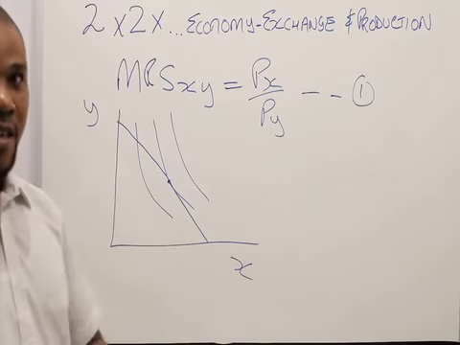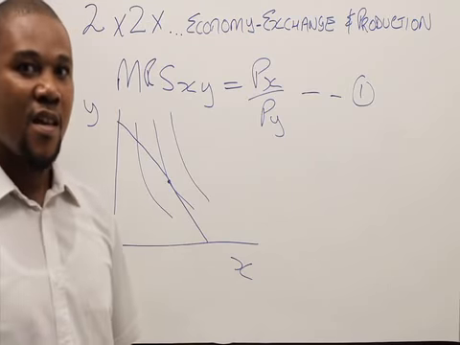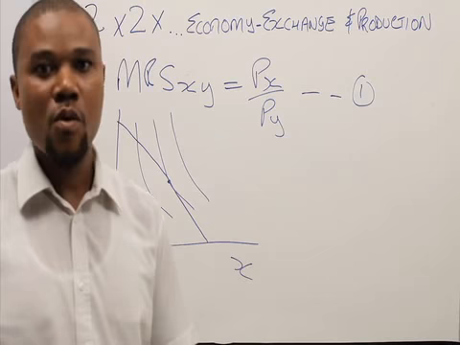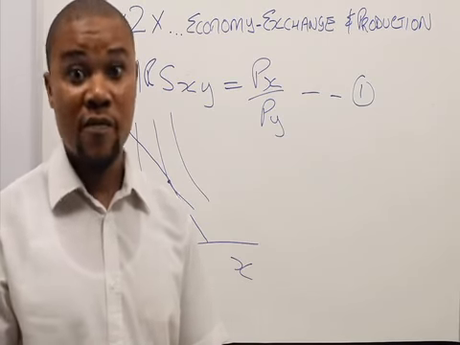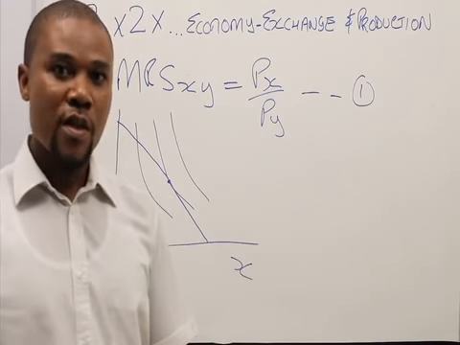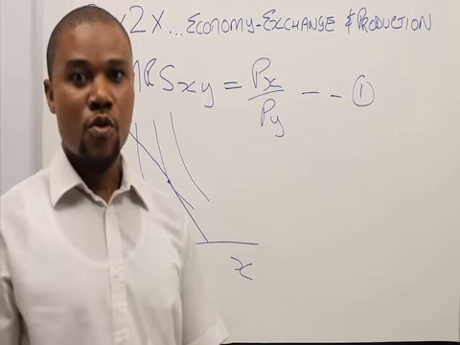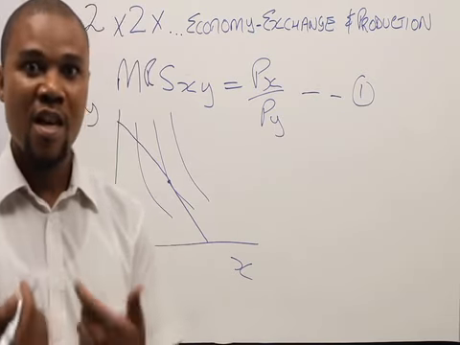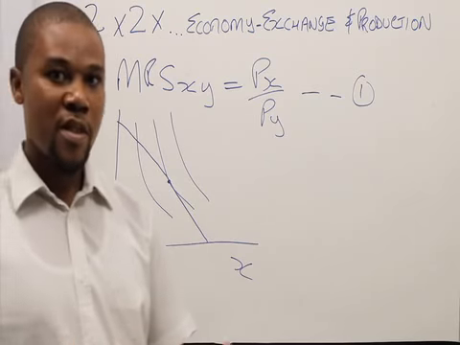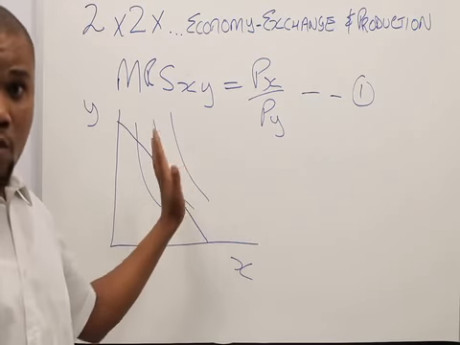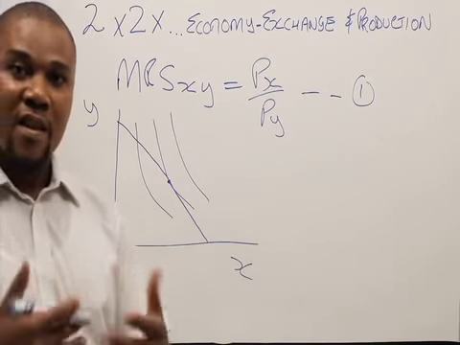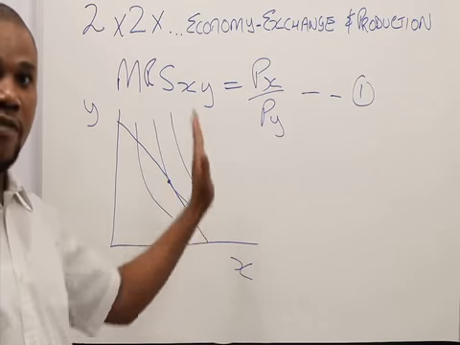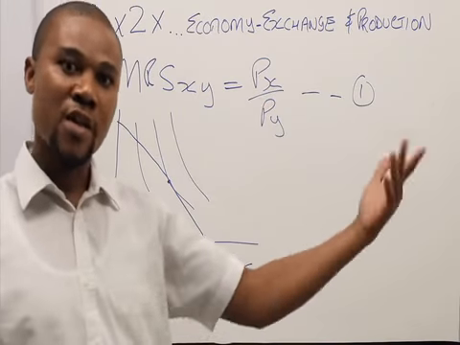In the production sector, you would have the same thing. The only difference is that you'd be talking about isoquants as opposed to indifference curves, and you'd also be talking about inputs as opposed to goods that you're consuming. So you can think about the producer as consuming inputs in their production process. And what the isoquants would then represent are the output levels. So the same way that you've got your indifference curves is the same way that you'd have your isoquants.